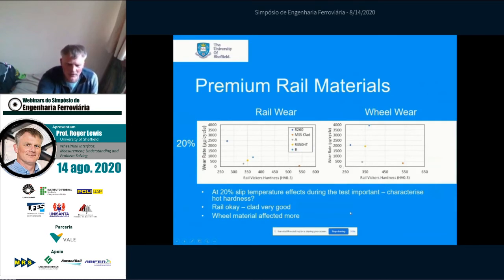I think there's a need here for us to look more closely at how the hardness is changing when the materials are reaching the high temperatures apparent in the contact. So actually during the test, the hardness may be varying from what we're measuring afterwards. So perhaps an interesting area to do some more investigation.